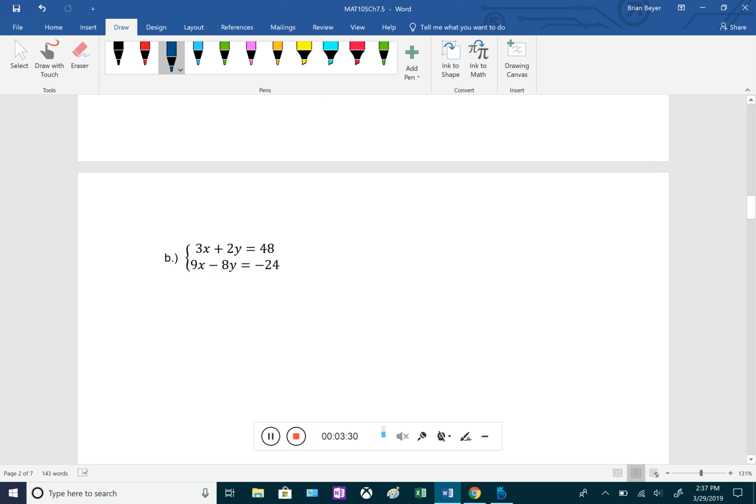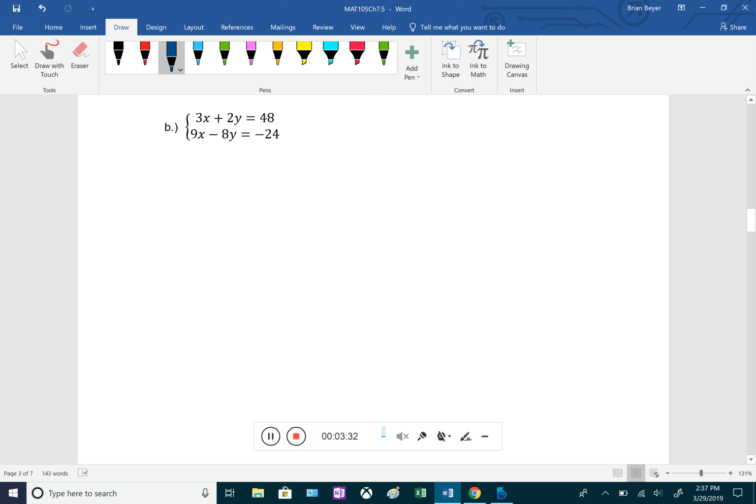Okay, let's do several more here. The next one is 3x plus 2y equals 48, and 9x minus 8y equals negative 24. Our goal is to add these equations together so that one of the variables cancels, either x or y. We have to adjust them because we can't add them together now, as they won't cancel one of the variables.